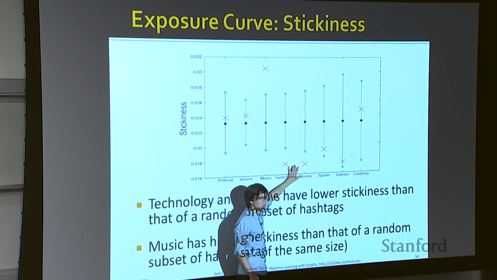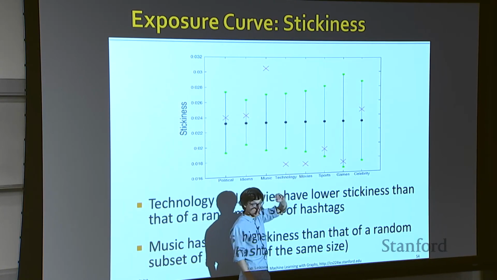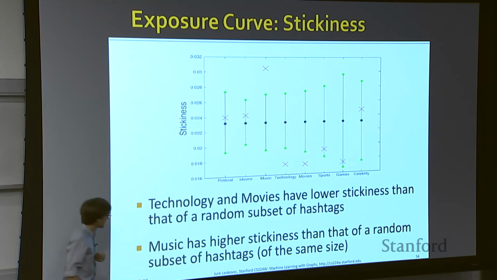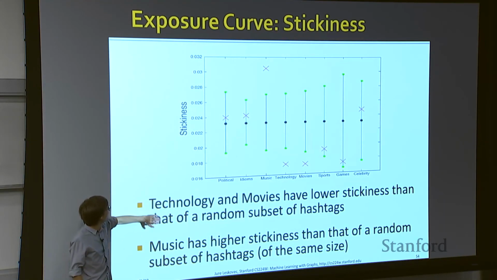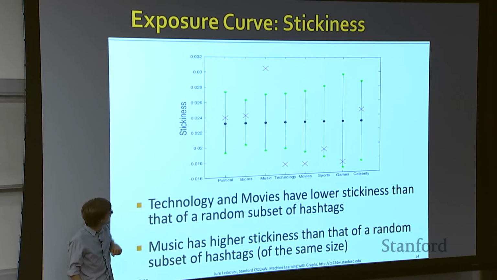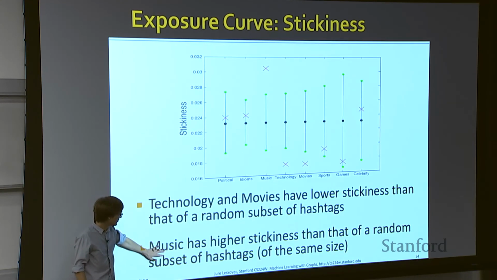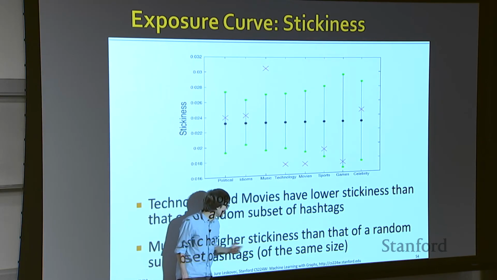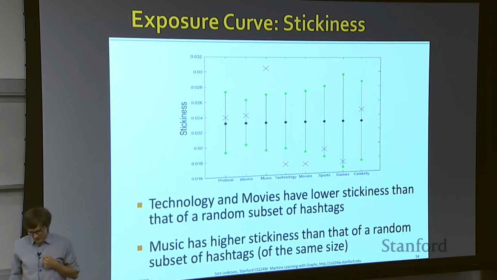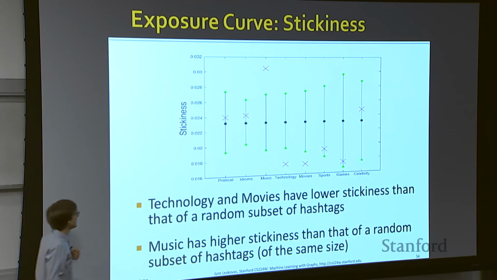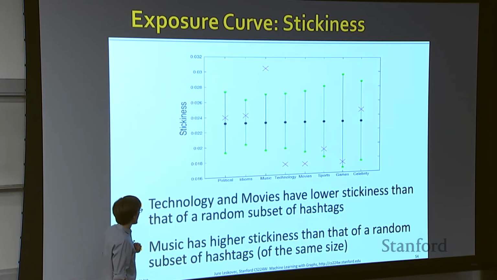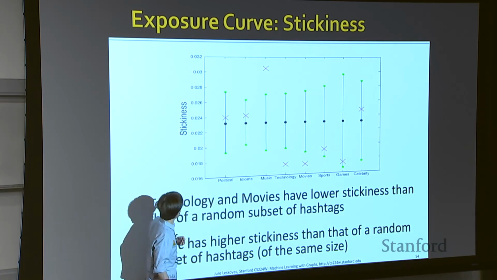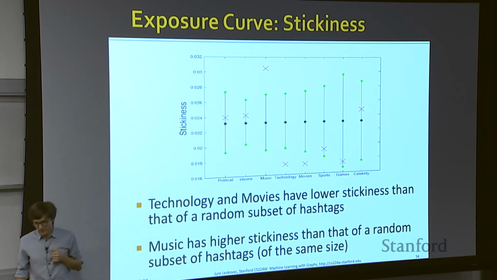So they don't seem to be spreading so fast or at such a high rate. So music-related things, or I guess musician-related things, celebrity-related things, have a higher stickiness than a random set of hashtags, and technology and movies have lower stickiness than a random set of hashtags.